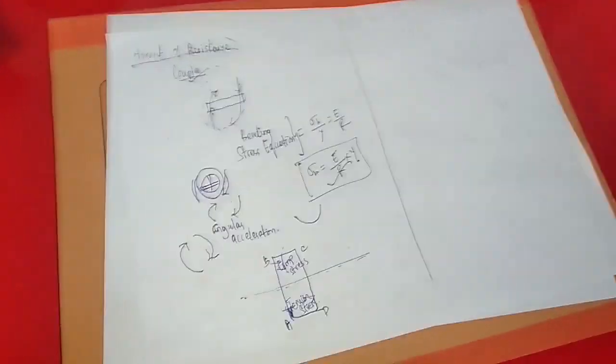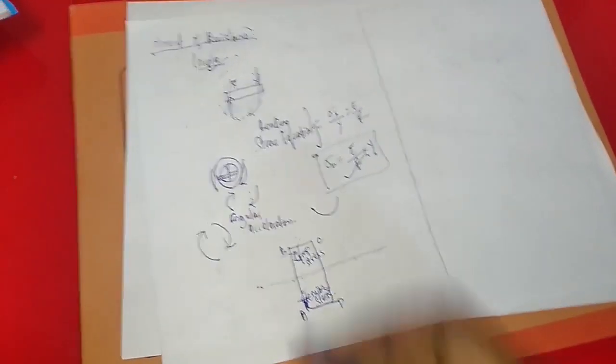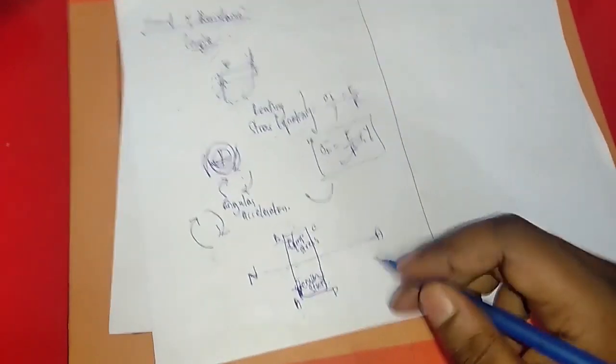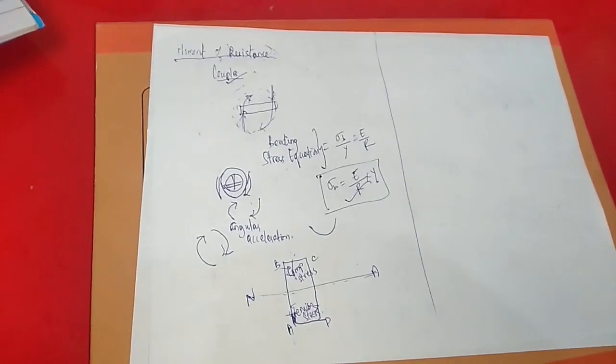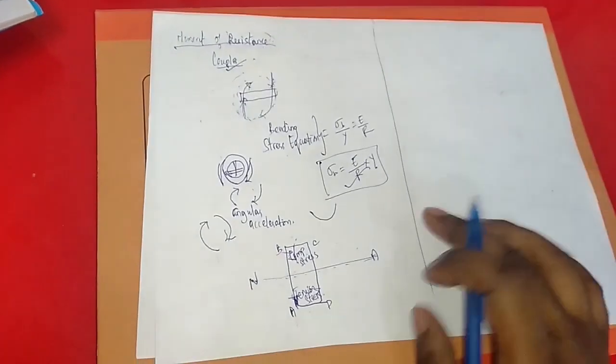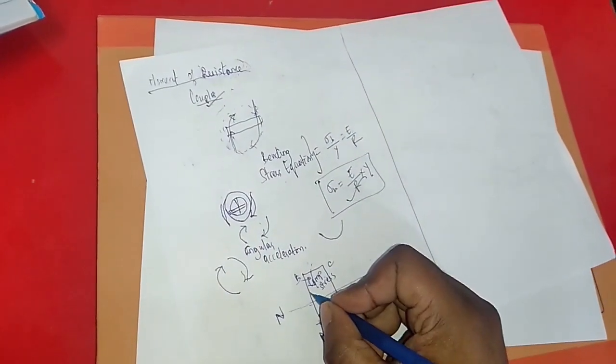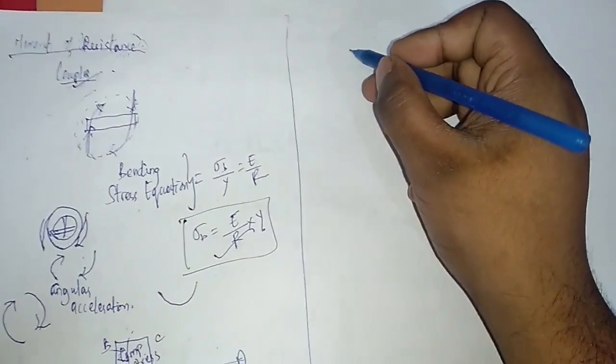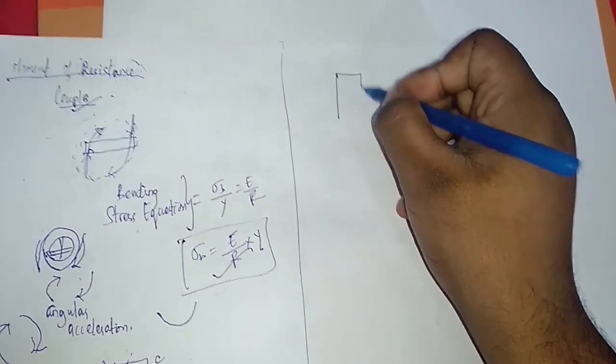So consider a section of beam. Let NA be the neutral axis of the section. Now consider small layer PQ of the beam section. So now consider small layer. So I will draw this diagram clearly on this side. See, beam.